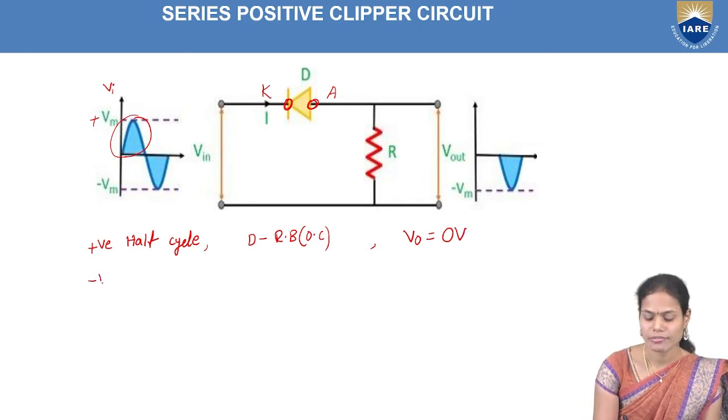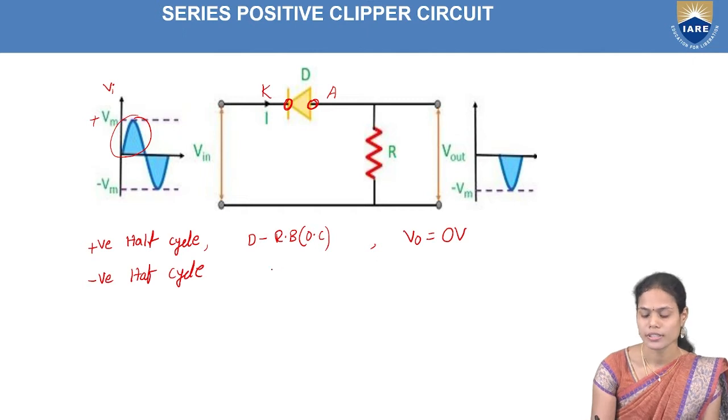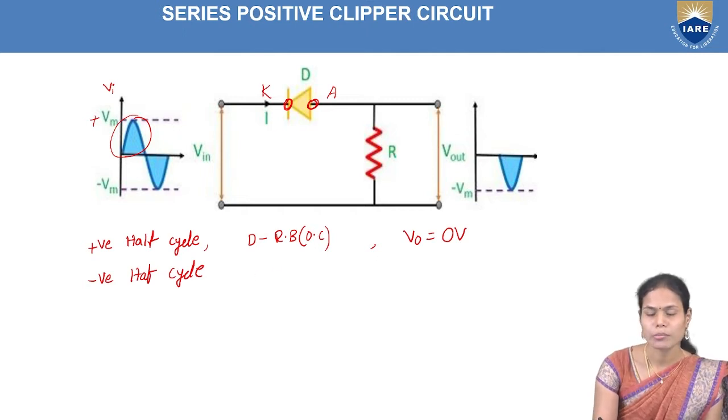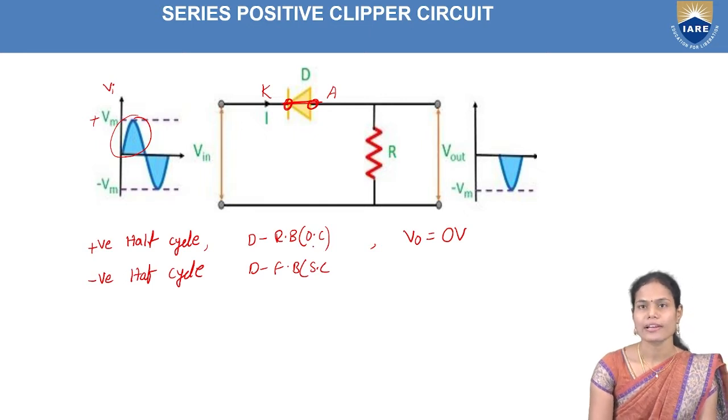And similarly, if I apply the negative half cycle of my input voltage to this positive series clipper, in this case for the cathode terminal of the diode we are providing the negative voltage. That means the diode will enter the forward bias condition, so it acts like a short circuit. So the voltage will flow through the load resistance RL and the current will flow through the circuit.